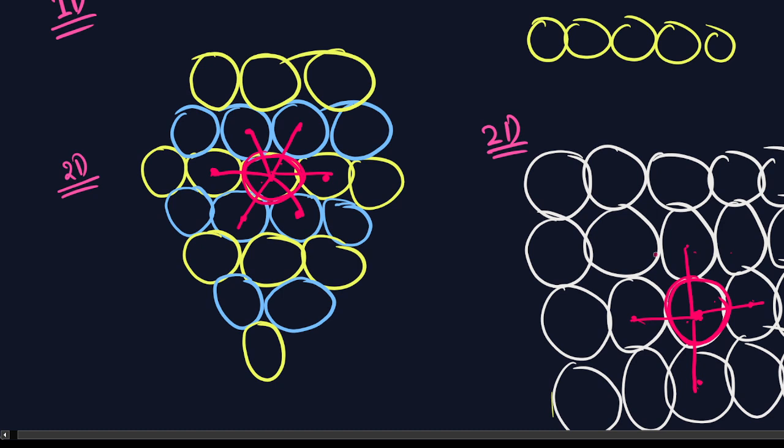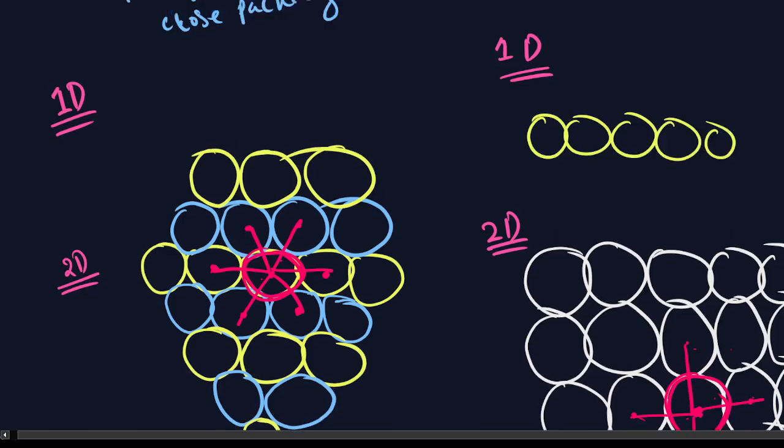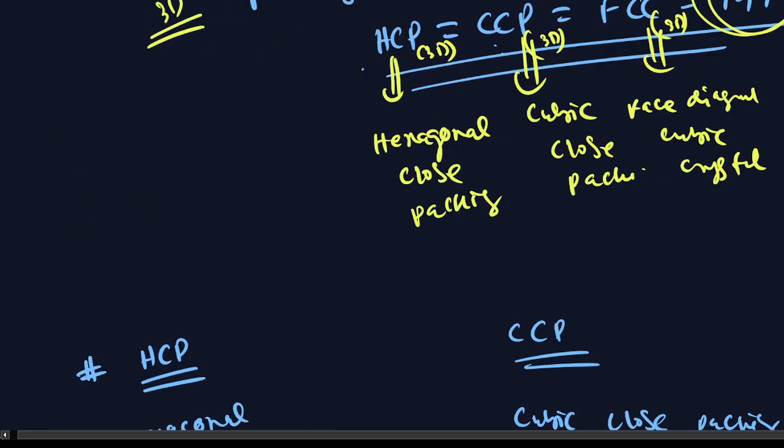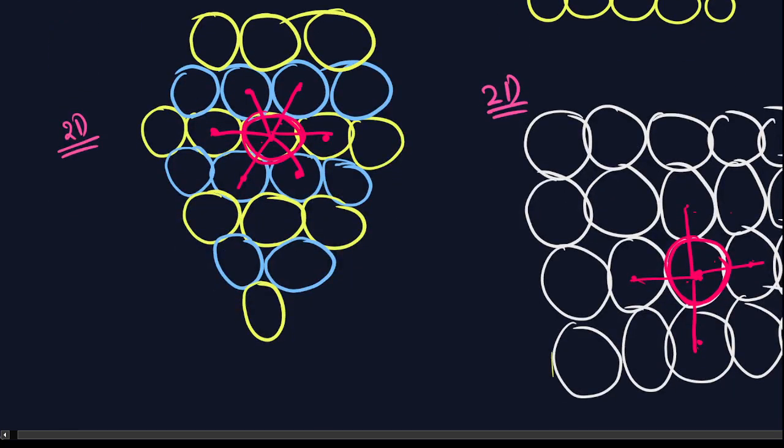So this is about 2D. And now whenever I'm talking about the packing fraction of HCP and CCP, this is about 3D. In the 3D case, it has the packing fraction equal to FCC, that is 74%. This was just an introduction, some knowledge about CCP and HCP.